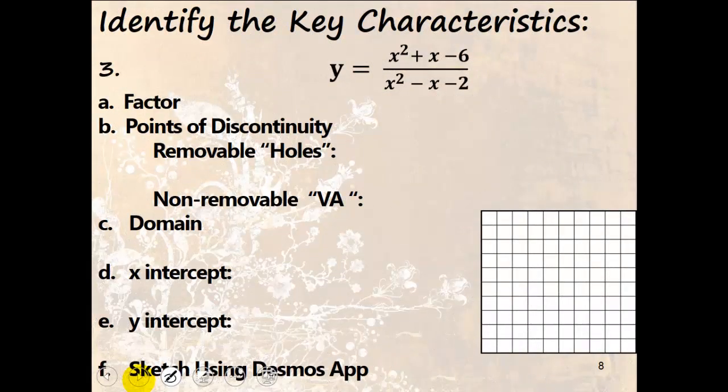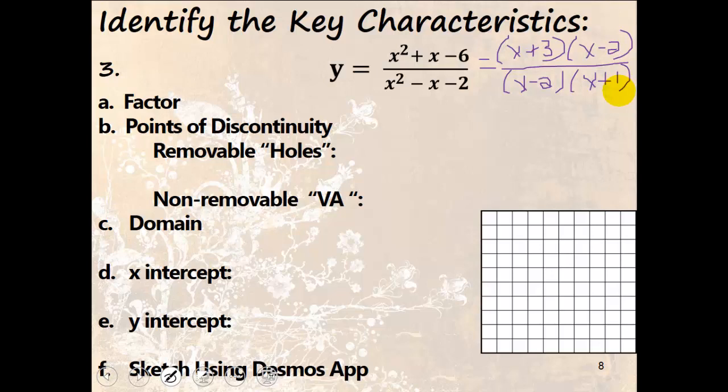All right, let's try this one. We have y equals x squared plus x minus 6 over x squared minus x minus 2. I'm going to factor first. So this is going to be x plus 3 over x minus 2. Got to get this part right, guys. And then this one is x minus 2 over x plus 1. The next thing on my radar should be points of discontinuity, removable holes.